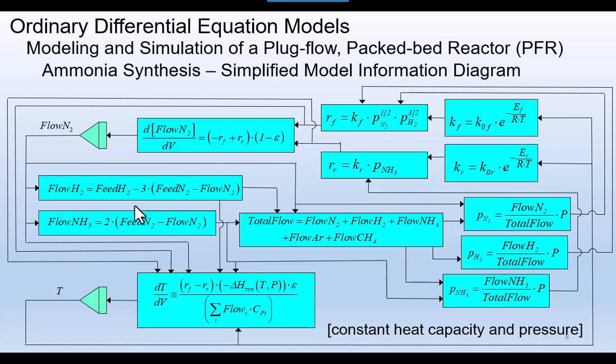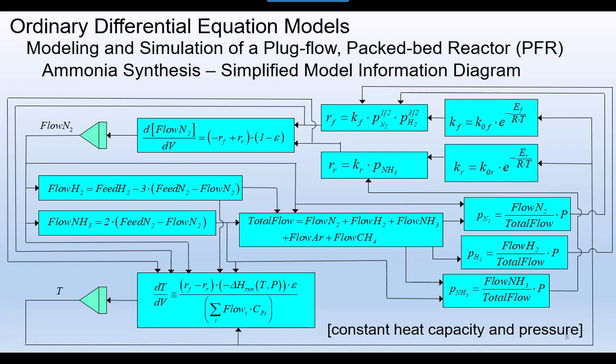And this one here is the one that we use for what we call the simplified model. The simplified model is where we are assuming constant heat capacity and we're neglecting pressure drop through the reactor, all right? That gives us a simplified model.